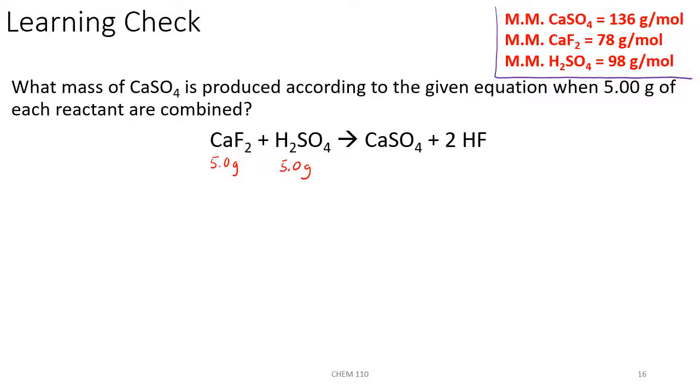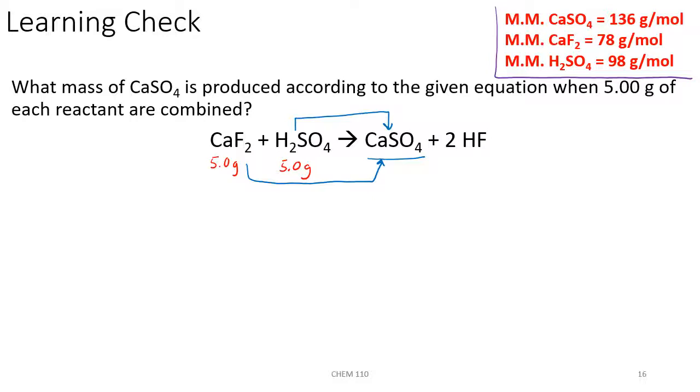In this example, we're interested in only the calcium sulfate. We're going to take our 5 grams of sulfuric acid and figure out how much calcium sulfate could be formed if all the sulfuric acid reacts. And our 5 grams of calcium fluoride, figure out how much calcium sulfate will be formed if all of the calcium fluoride reacts.